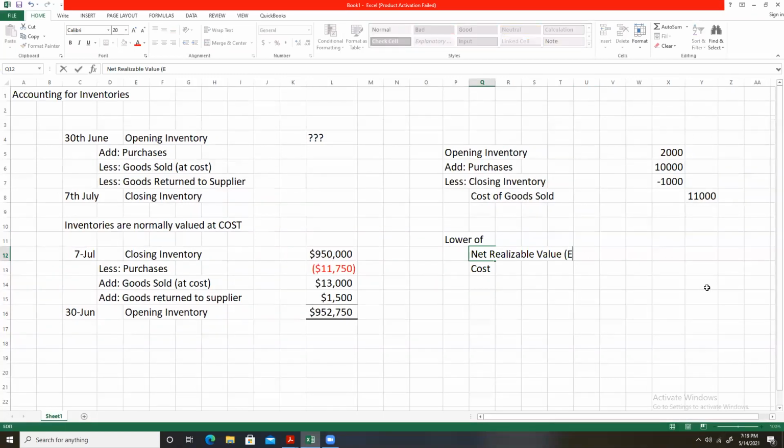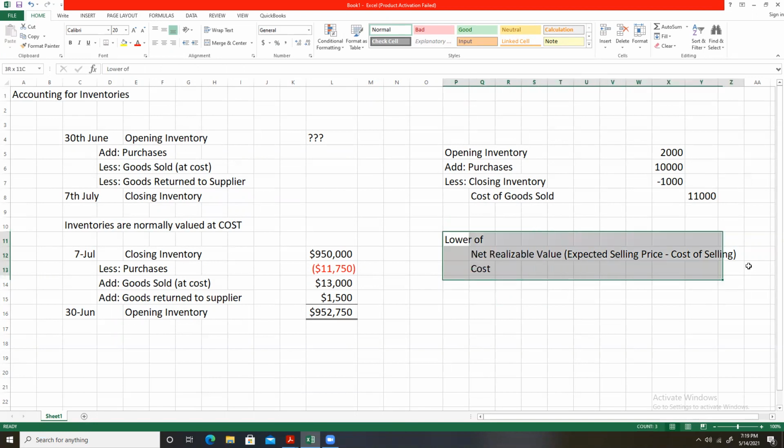We take the expected selling price and subtract the cost of selling the goods from it to arrive at the NRV. This is in accordance with IAS 2.